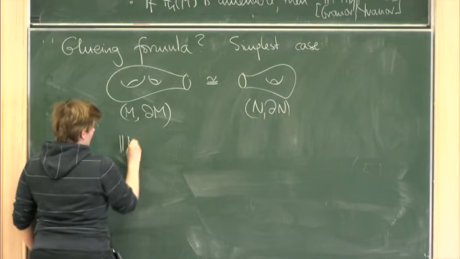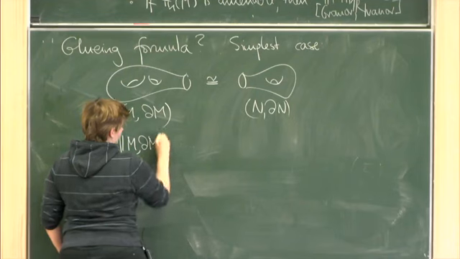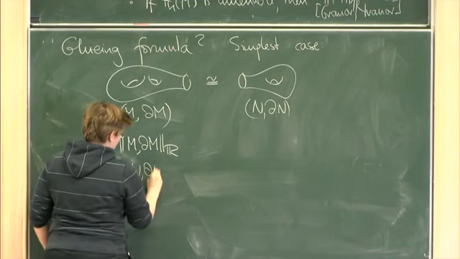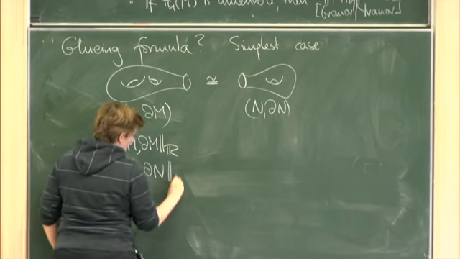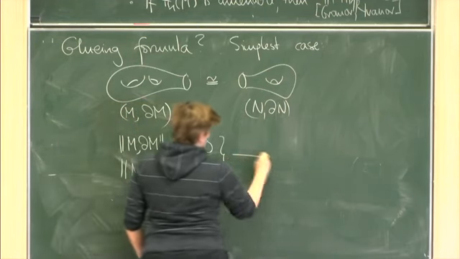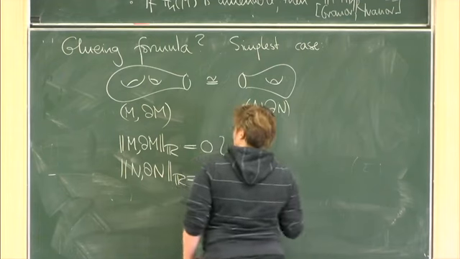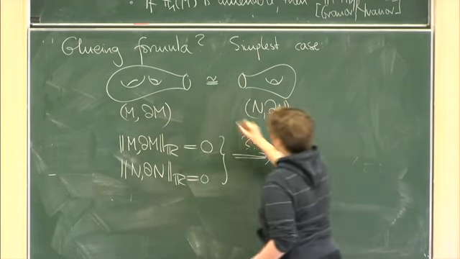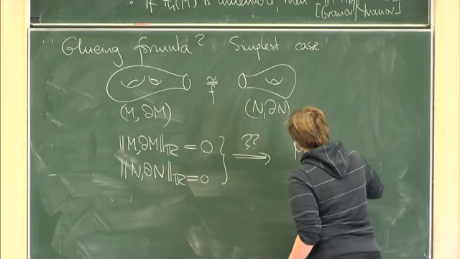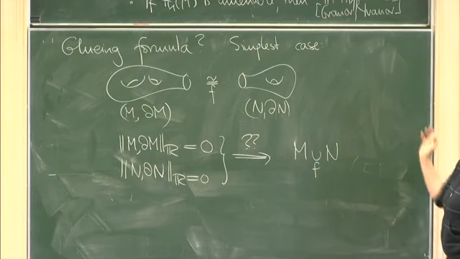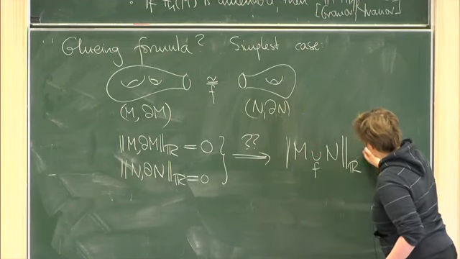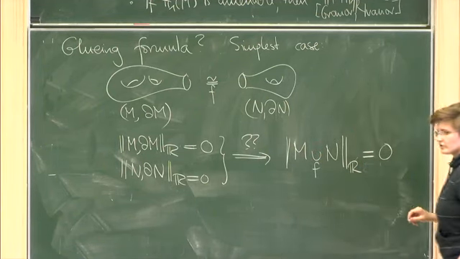If we know that the simplicial volume of these two pieces is 0, does this already imply that if we glue the two along the homeomorphism F, we get a closed manifold with trivial simplicial volume?